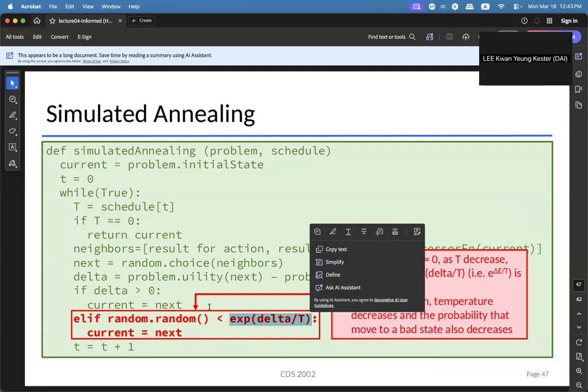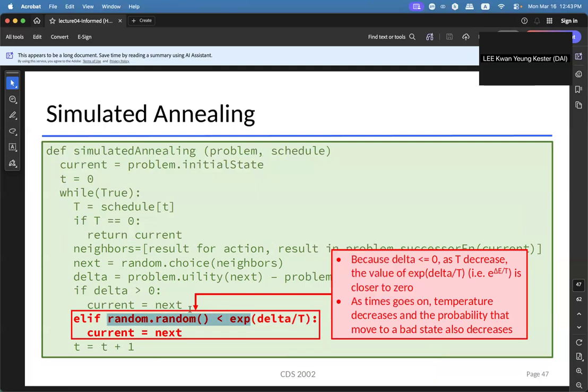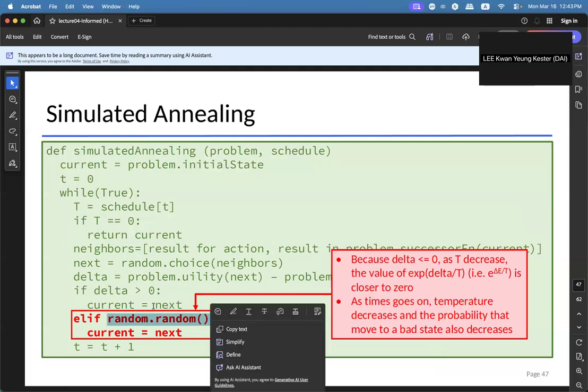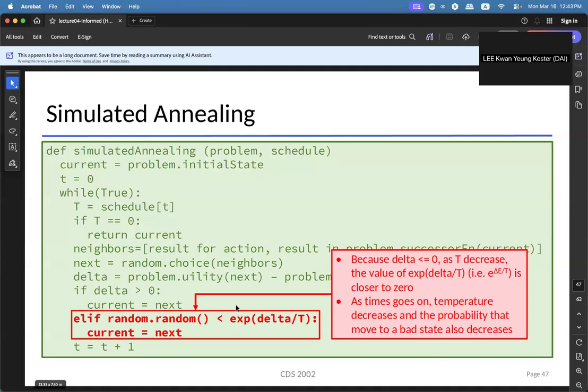Then we randomly generate a value to see if it is higher than the threshold we specified. If the threshold is smaller, it is more unlikely that the condition becomes true, so it is less likely to take a bad move.